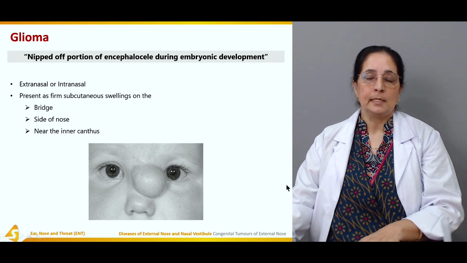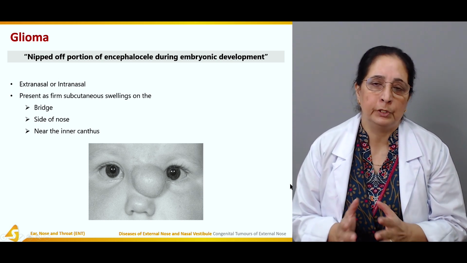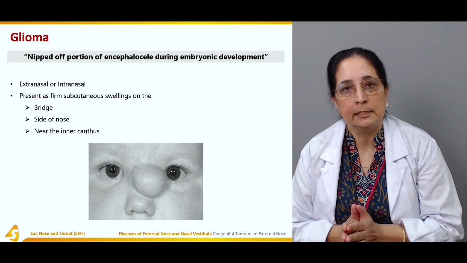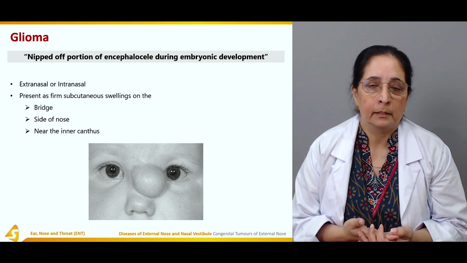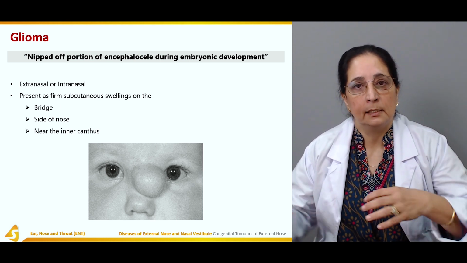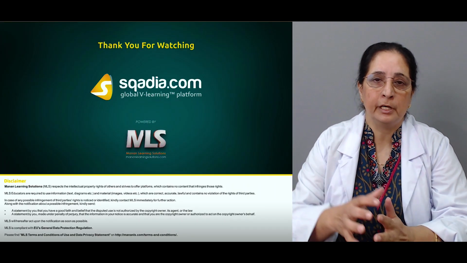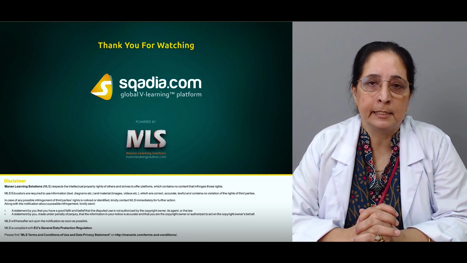So all these are the sites of glioma. Glioma is a nipped off portion of encephalocele during embryonic development, and it's a congenital tumor of the external nose. So that was all about this section in which we talked about some congenital tumors of the external nose.